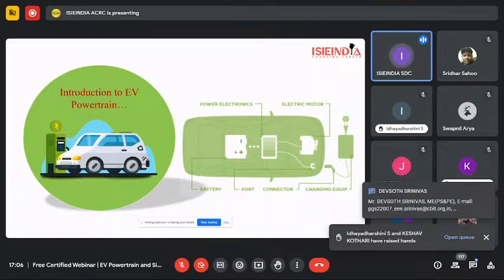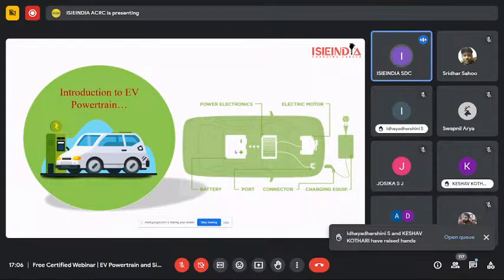And also in our electric vehicles, we have different types of auxiliary components, which require a very small amount of voltage, like indicators, headlight, tail light, and the horn.